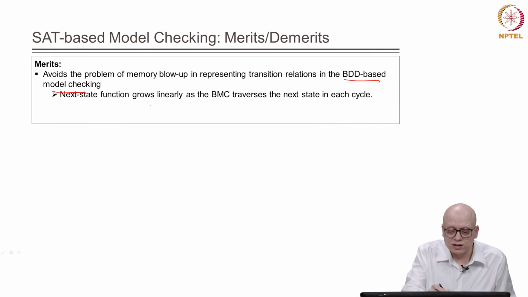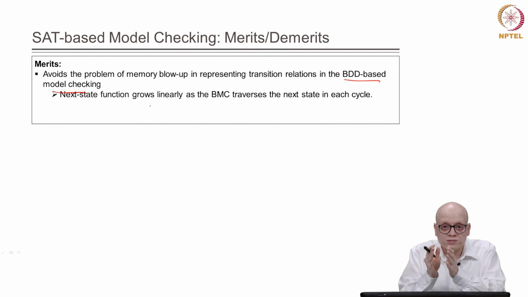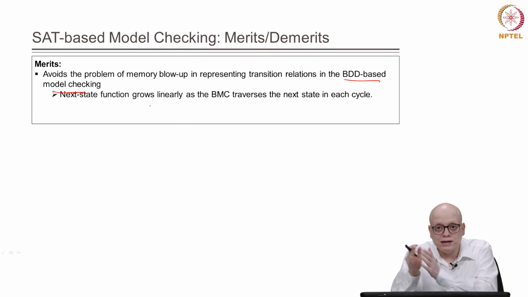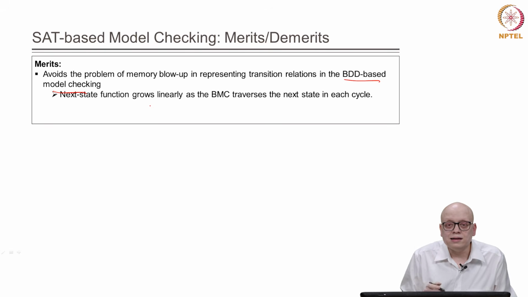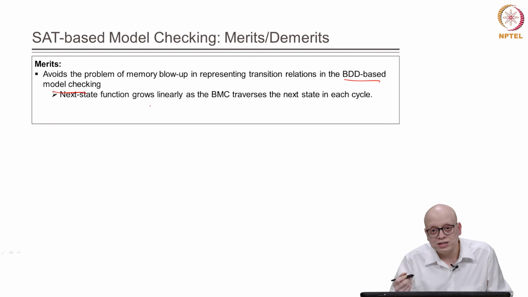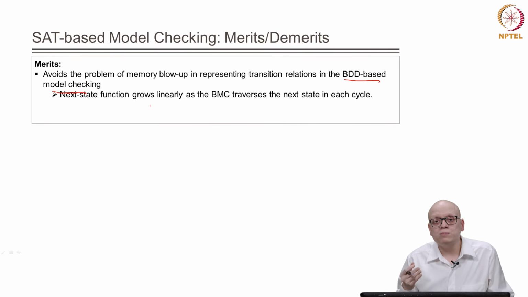The next state function grows linearly as the BMC traverses the next state in each cycle. So, if we go from clock cycle 10 to 11, the number of variables in the evolution of states will grow linearly rather than exponentially, and therefore, the chances of memory blow up are much lesser in bounded model checking.